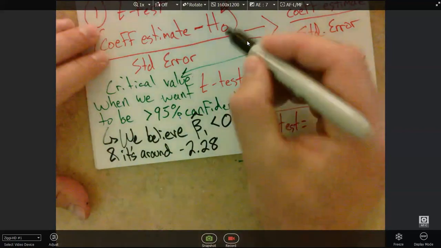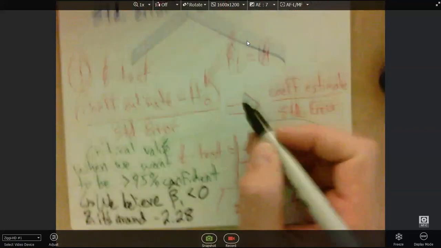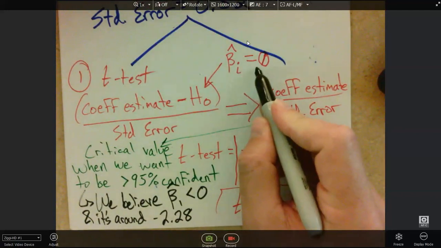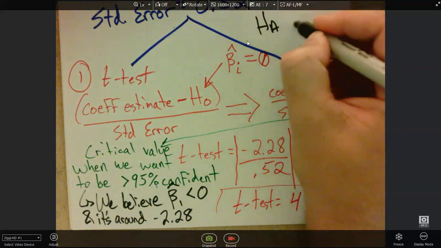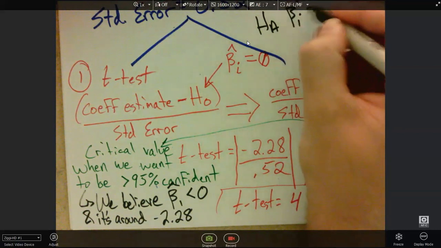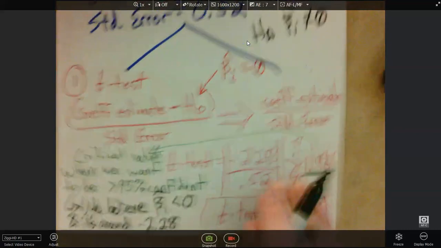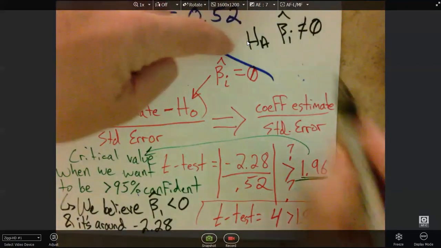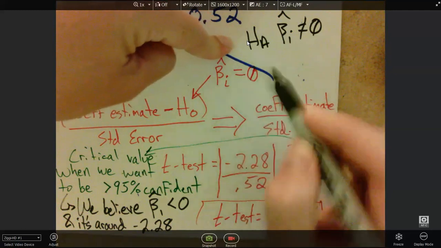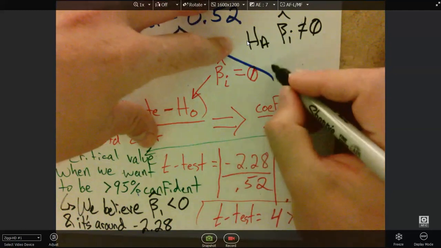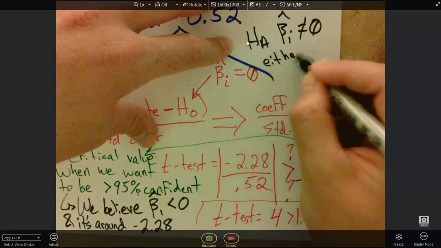So we can reject the null hypothesis, because the null hypothesis was that it actually equals 0. And the alternative hypothesis is that beta 1 hat is not equal to 0. We never accept the alternative hypothesis. We either reject or fail to reject the null hypothesis.